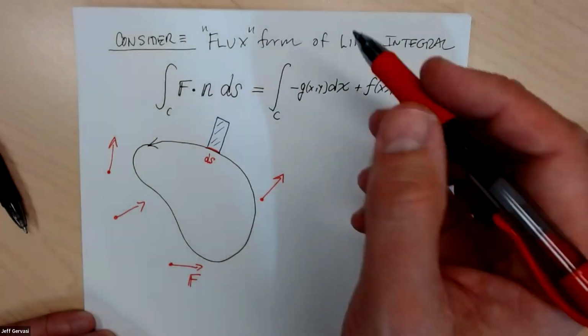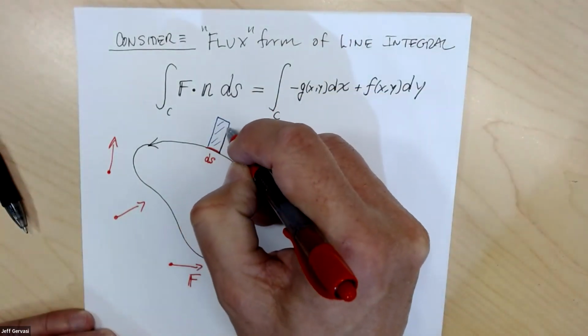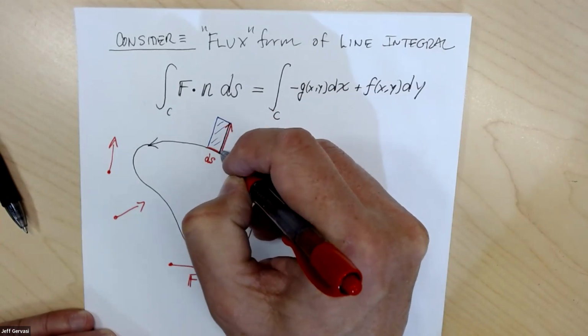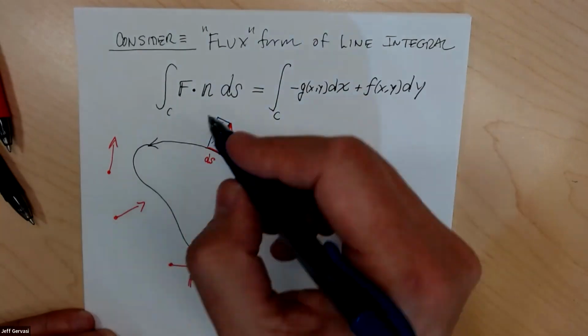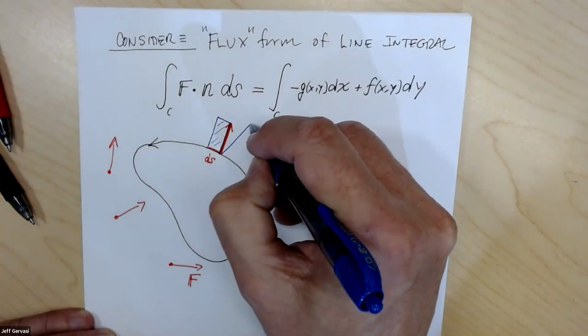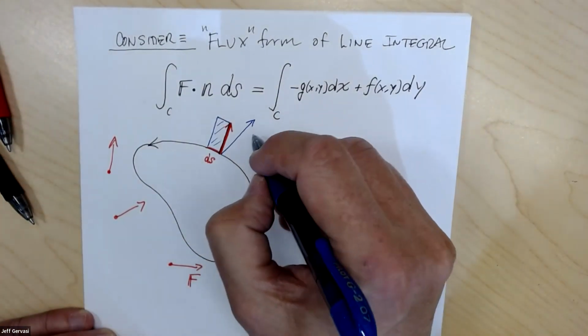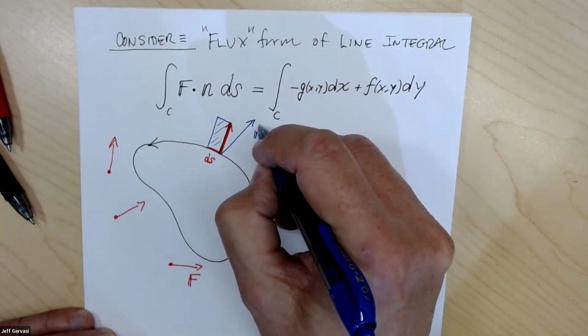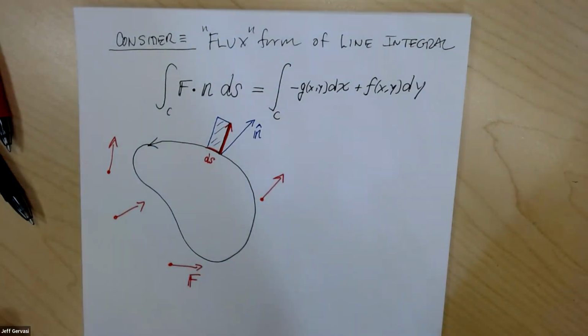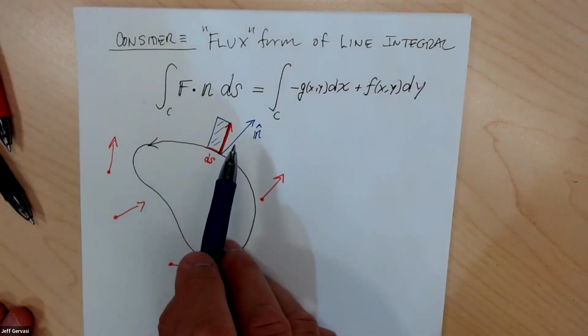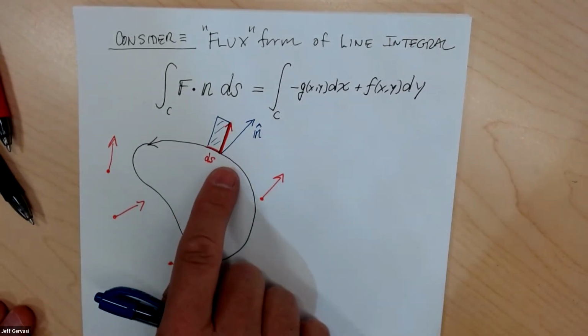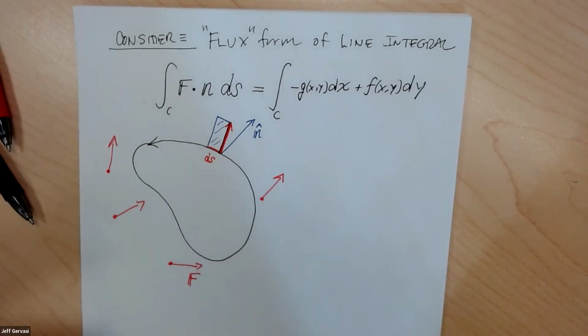Consider this. Let's say this right here is one of the vectors from the field. And let's take another vector here and call that vector normal n. Think of that vector n as being perpendicular to the curve, so we call it a normal vector.